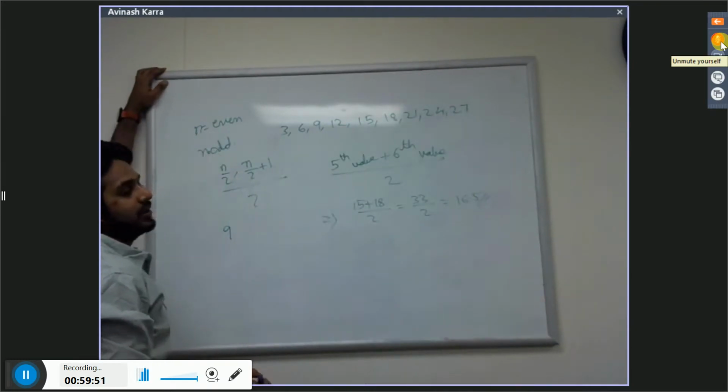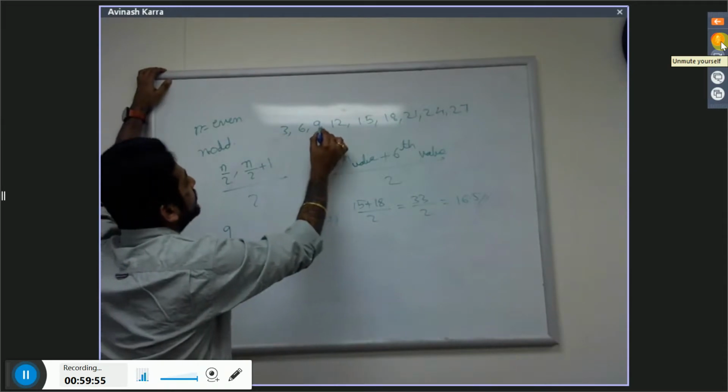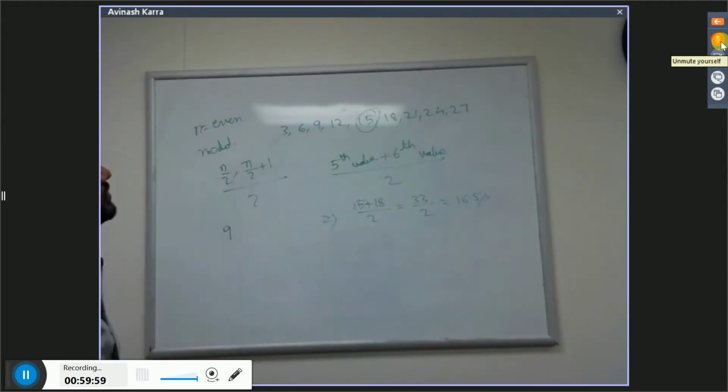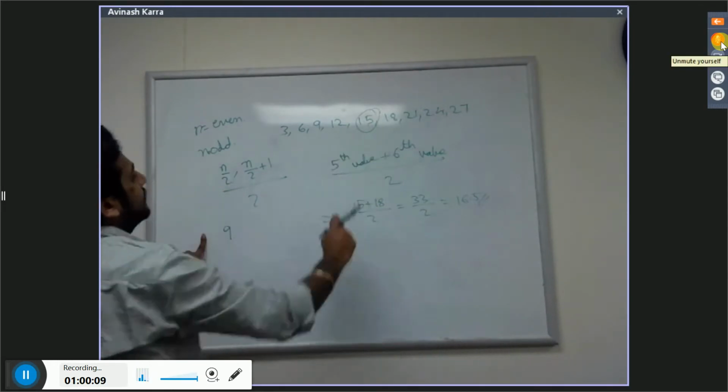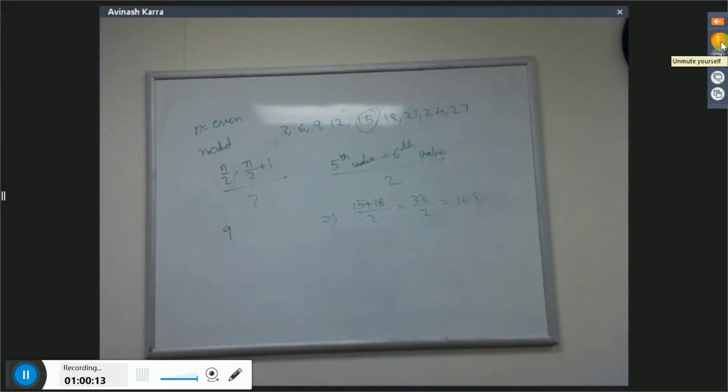The fifth value. 1, 2, 3, 4, 5. So 15 will be the average. When n is odd, 15 will be the average. Why? The middle value. Any doubts?